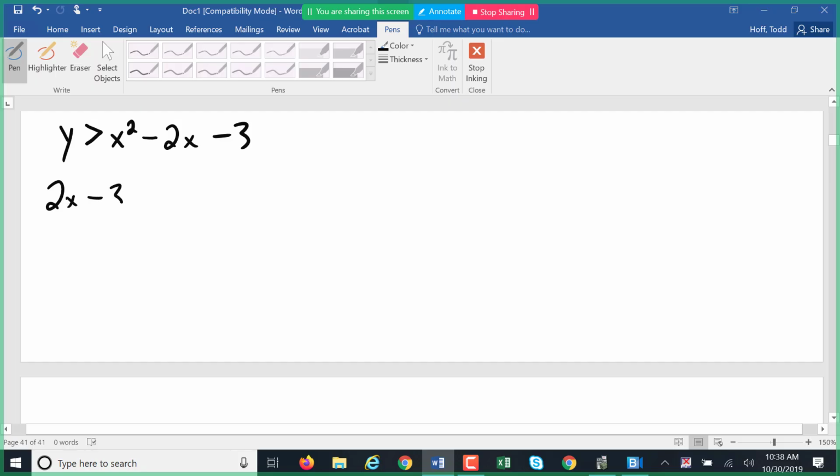And we have 2x minus 3y is less than or equal to 6.